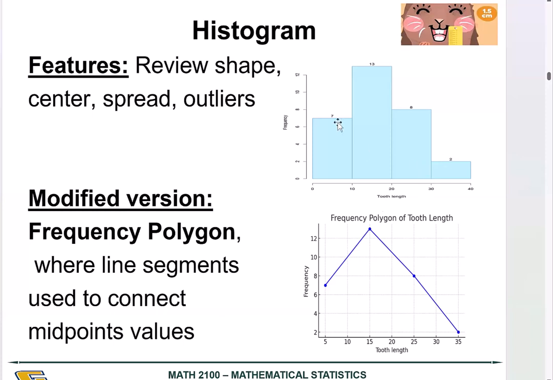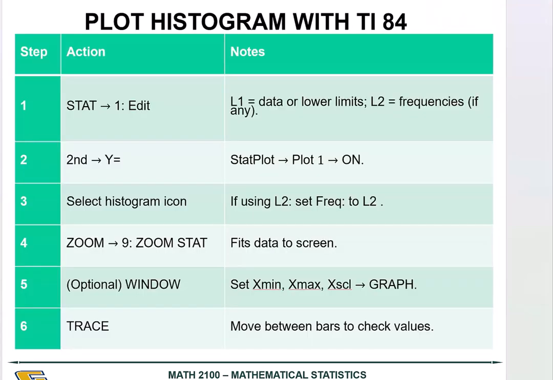Instead of looking at the whole bar here, you look at the midpoint and you connect them. This is called a polygon. It also tells you pretty much the same story as the histogram, but in a similar way of visualizing. And with your TI-84, if you follow these steps, you can also create a histogram on your TI-84.